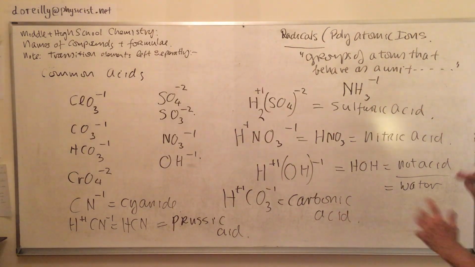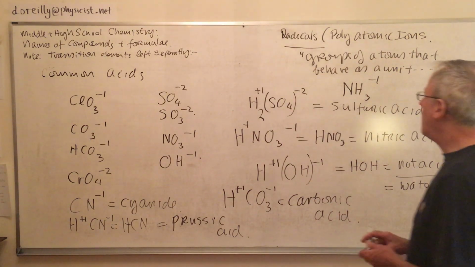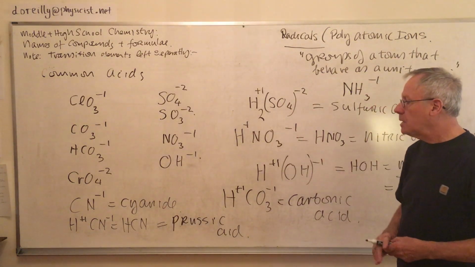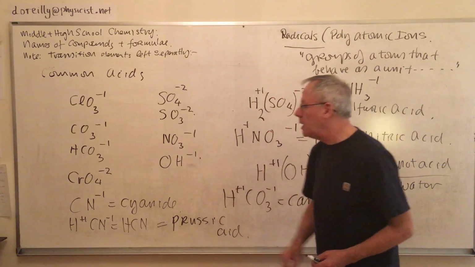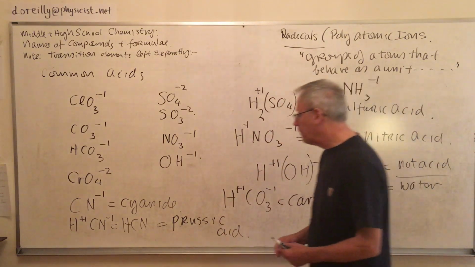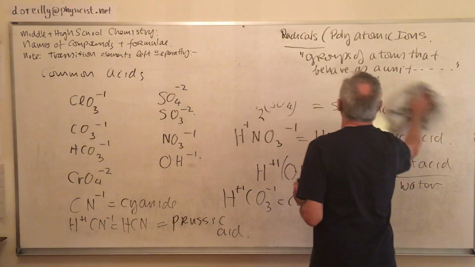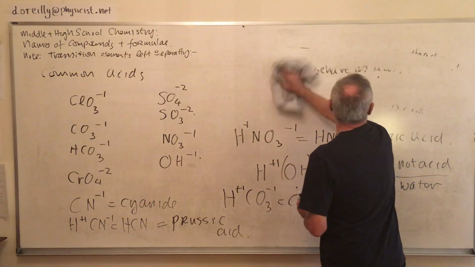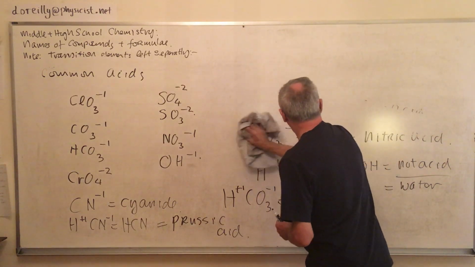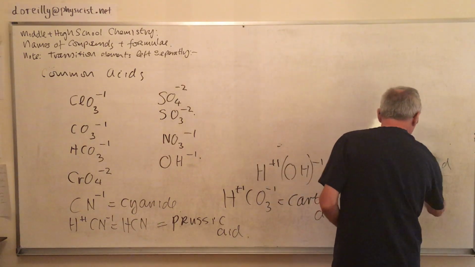Okay, so these are the polyatomic ions. Now let's do something else. We'll skip away from the acids and then we'll make compounds with these guys, and this time we'll take a metal with them. Before we do that, we'll look at salts.